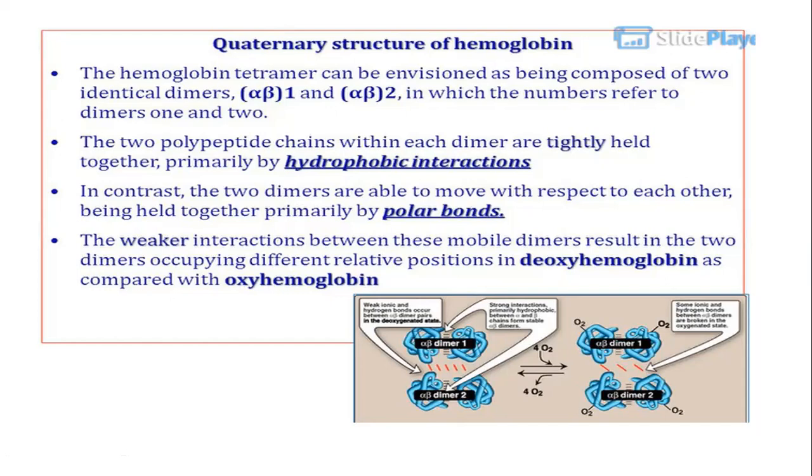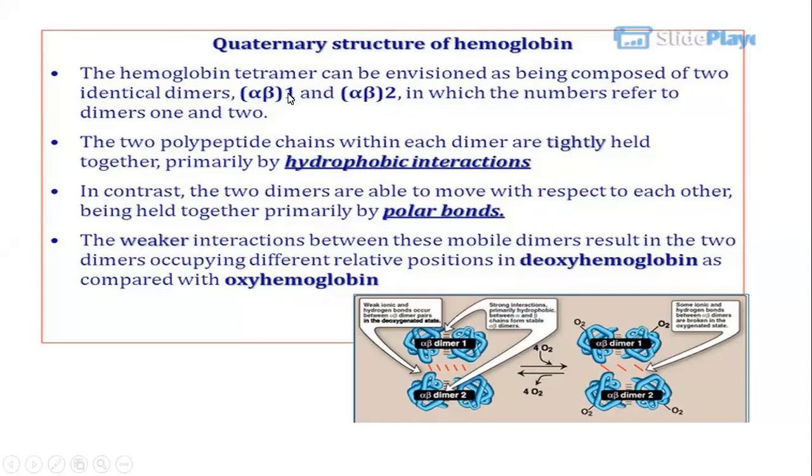Now, when you have these dimers, remember within a dimer is an alpha and a beta chain. Between these dimers are bonds. Within the dimer, between the alpha and beta globin chains, are bonds.